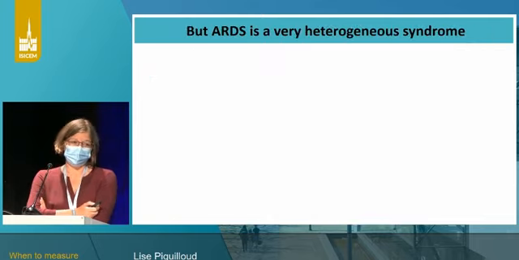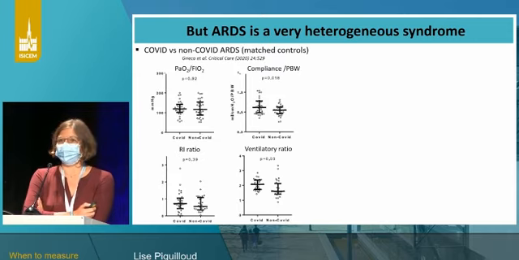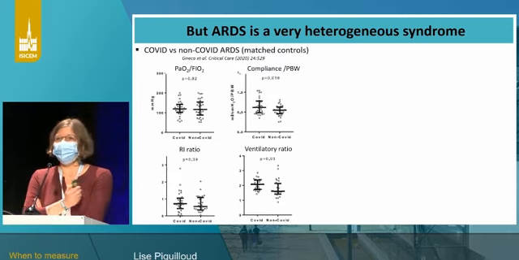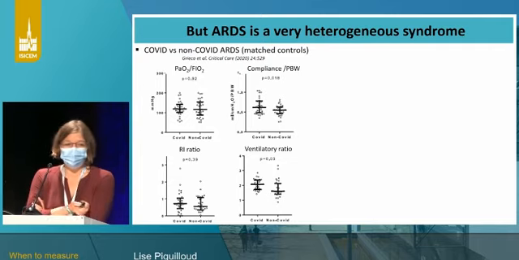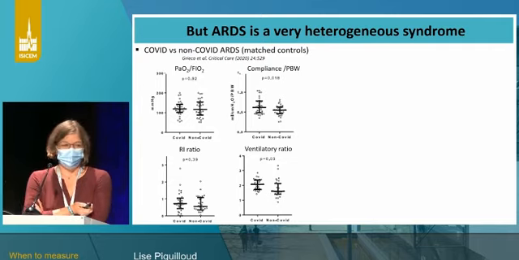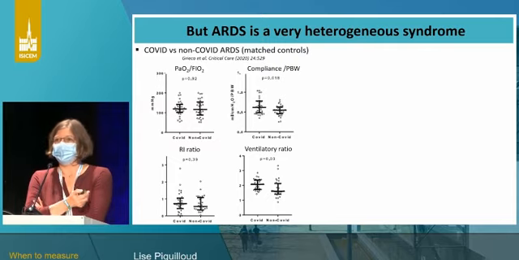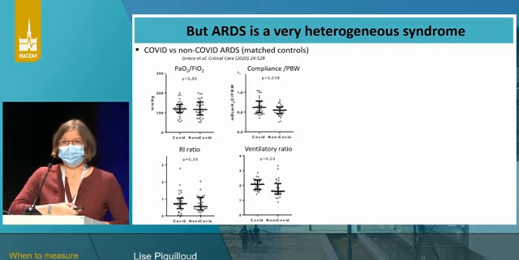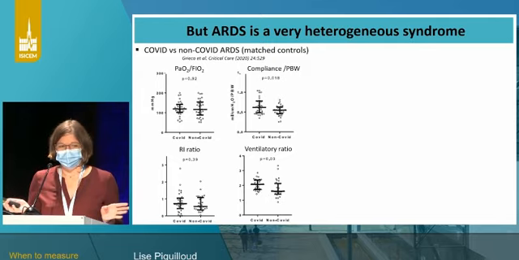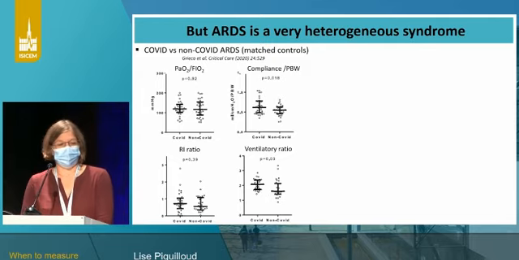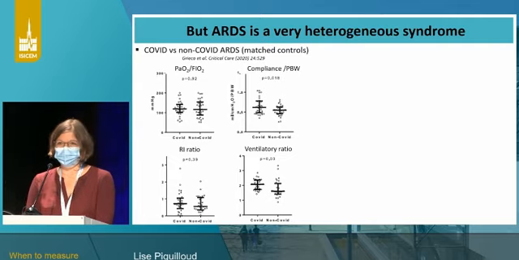We know that ARDS is a very heterogeneous syndrome. This is true both for COVID and non-COVID-19 patients. PaO2 over FiO2 ratio varies a lot. The range of compliance is very wide, from very low compliance to nearly normal compliance. Recruitability is not the same for all our patients.